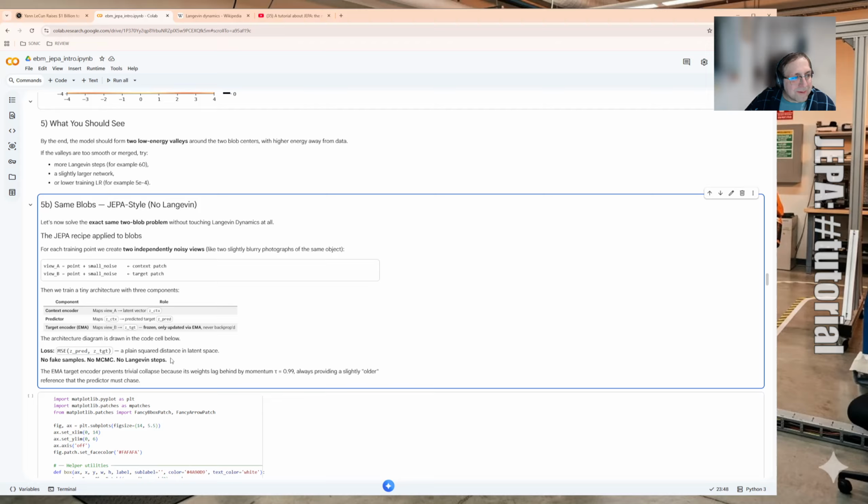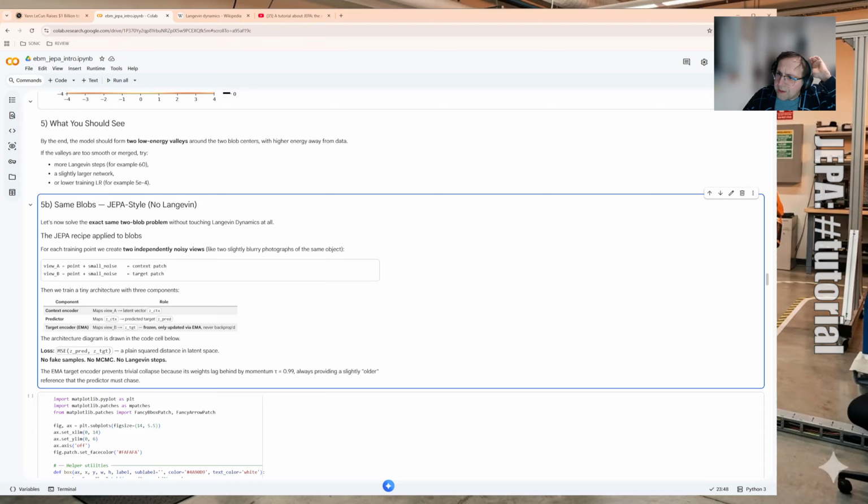As I explained, there are no fake samples, because you take the original point and shake it a little bit, right? But there is no MCMC, there are no Langevin steps, and there is never backpropagation here. It's frozen, right, when you calculate the target encoder.